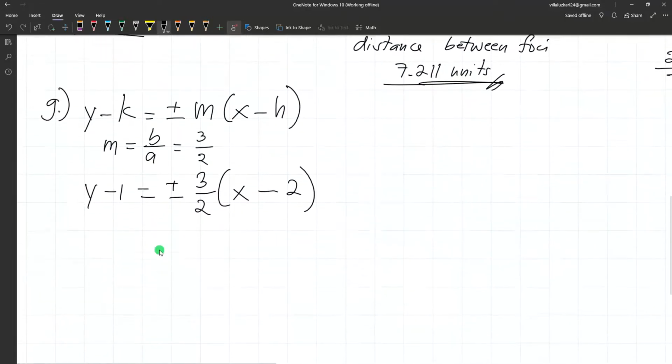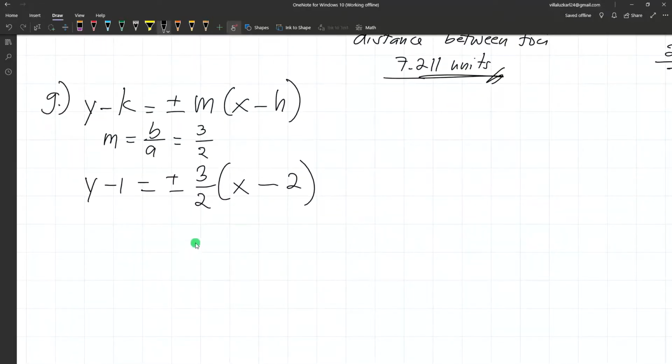Now multiply both sides by 2 so that we could eliminate the denominator 2. So 2y minus 2 equals positive or negative 3 times x minus 2.